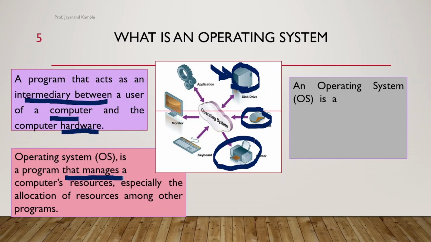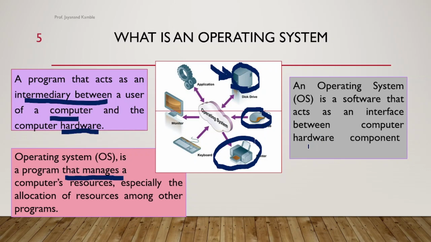Another definition: an operating system is a system software that acts as an interface between computer hardware components and the user. So user wants to perform the task, as I told, that is done by the hardware. So operating system acts as an interface between the user of a computer and computer hardware.